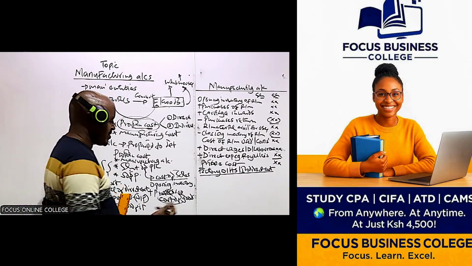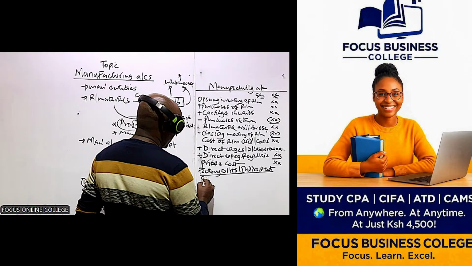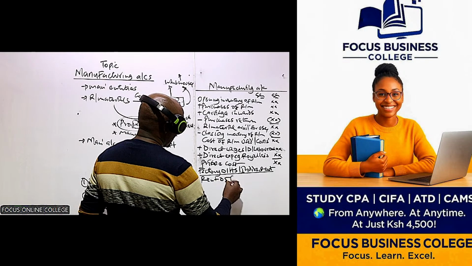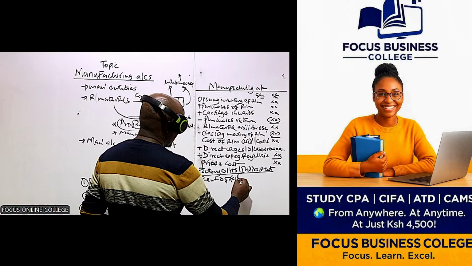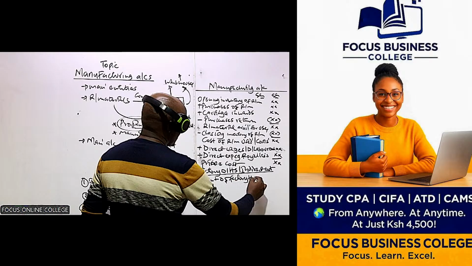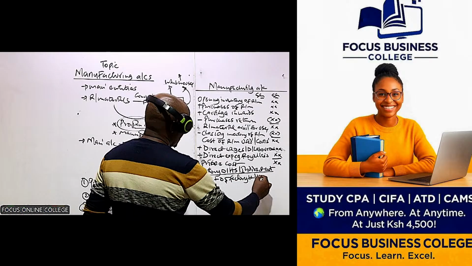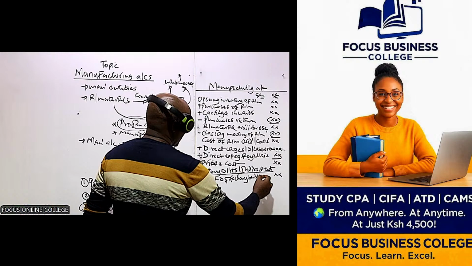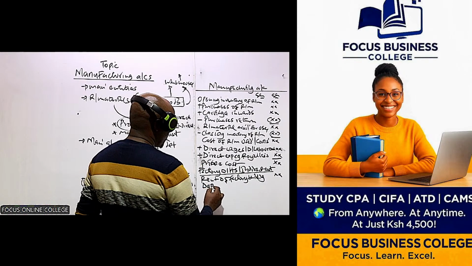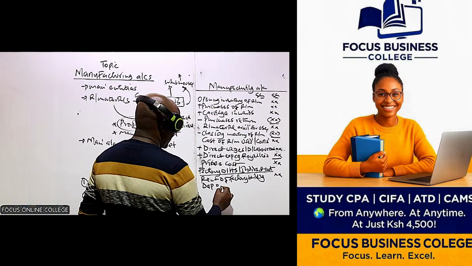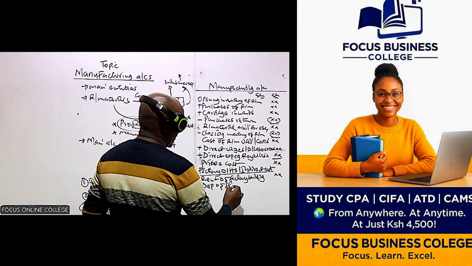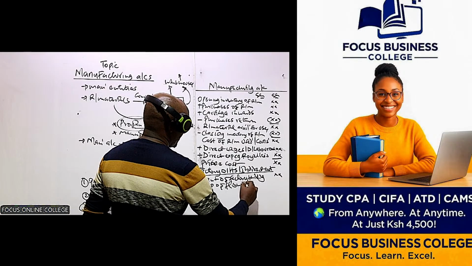I'll just give good examples of this, like maybe the rent of the factory building. We also have maybe the depreciation of the factory building.